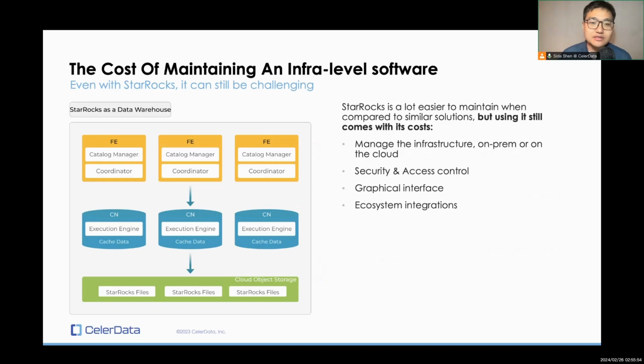And also, StarRocks has rudimentary security features. Although it has role-based access control, it's probably not enough if you're running StarRocks for an extremely large enterprise with heterogeneous workloads and many different people. And it does not really have a graphical interface.